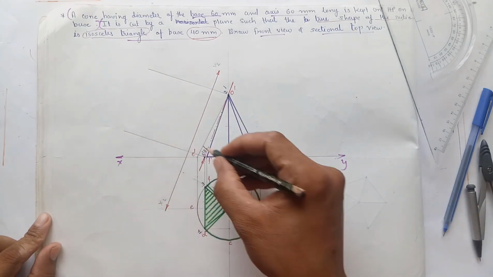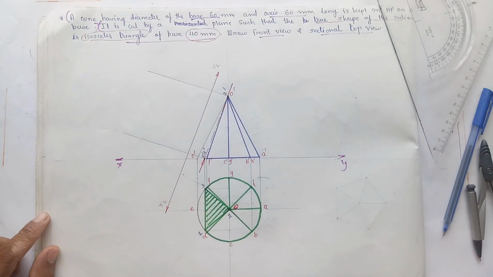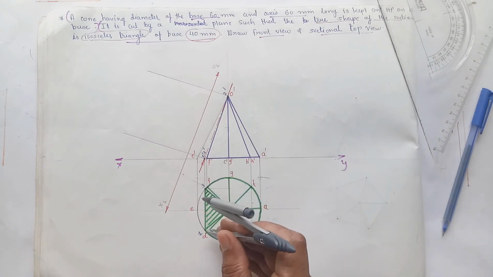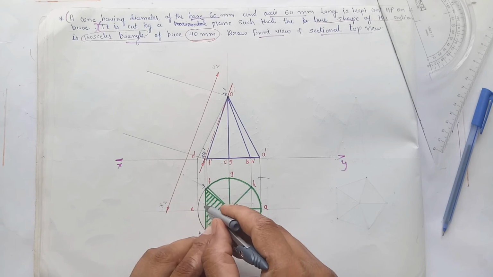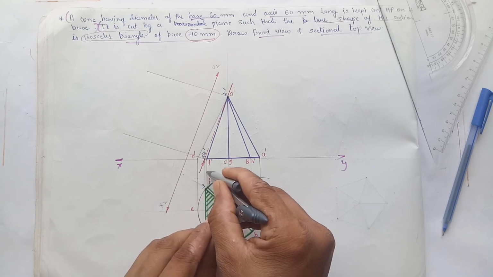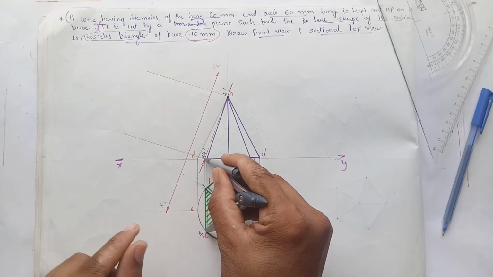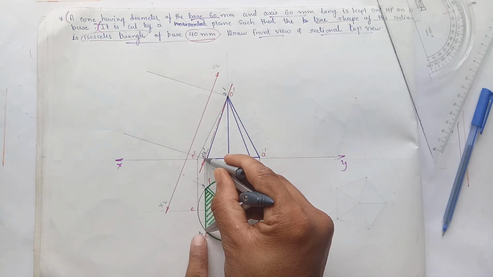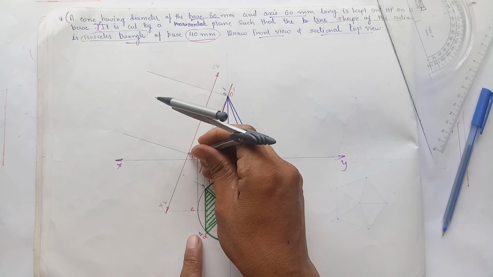So this will be the projection of 1 and 3 and this will be the projection of 2. Now measure the section, that is 1, following the projection from the xy line. So measure the top view of the section, that is 1, from the xy line, and give an arc over here.